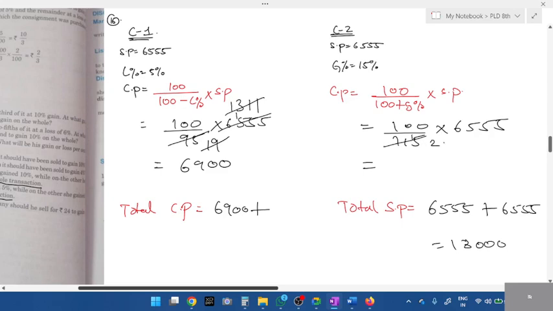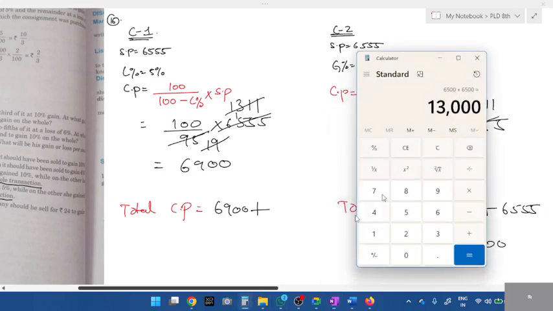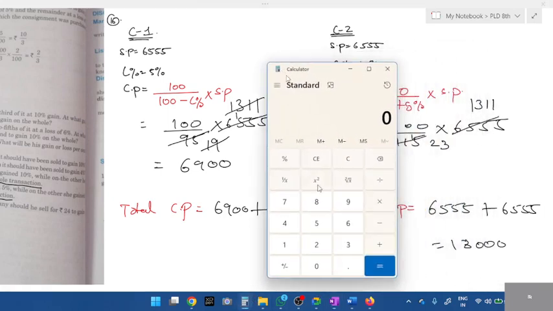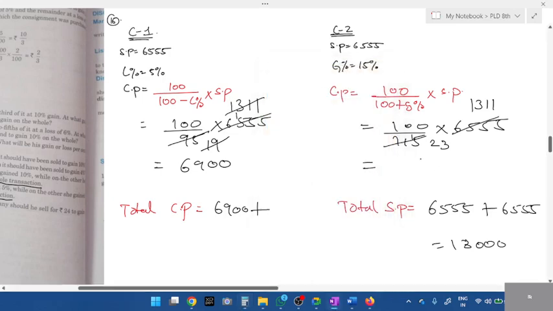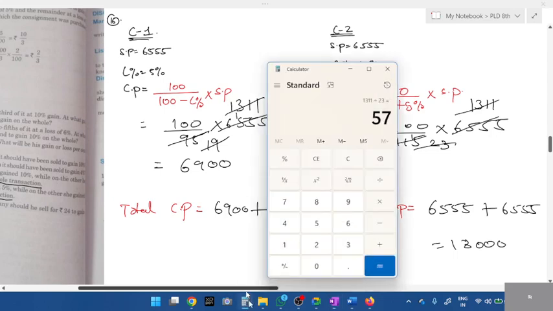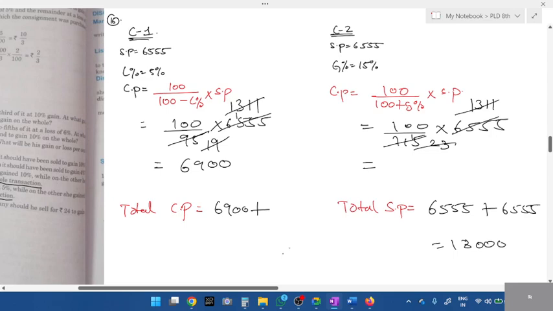5 twos are 10, 23 times. 51311. Reduce 23 and 1311. What's the answer, students? What did you all get?